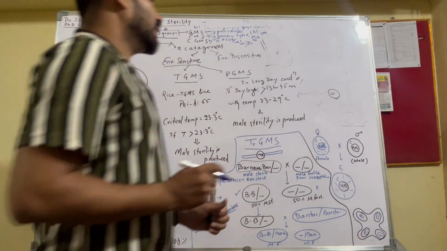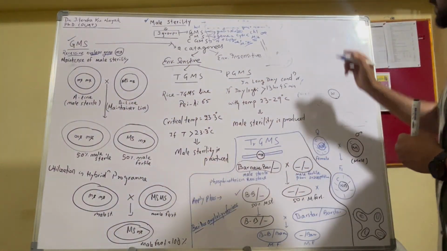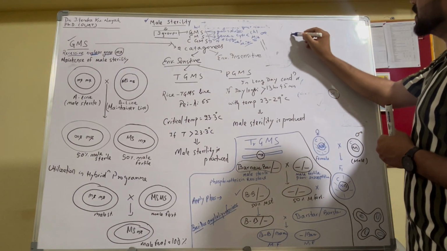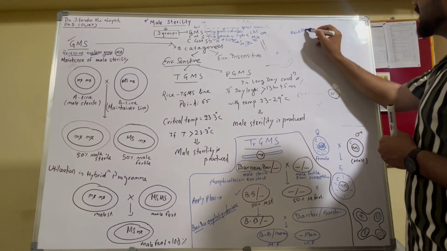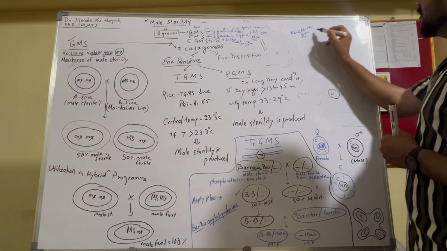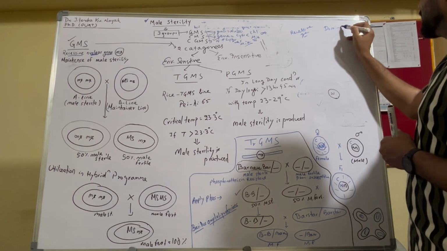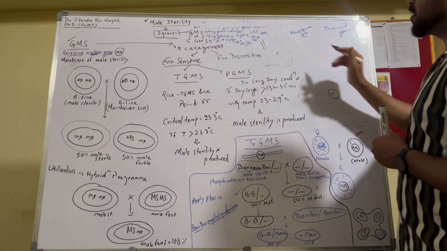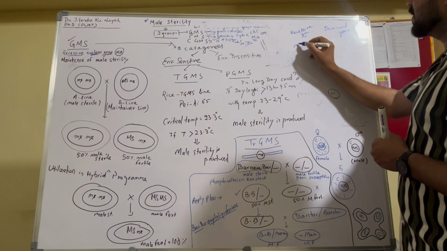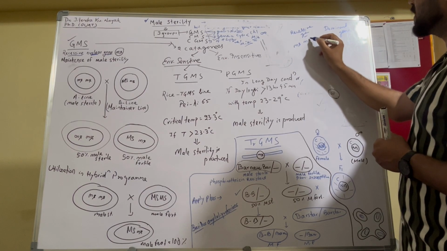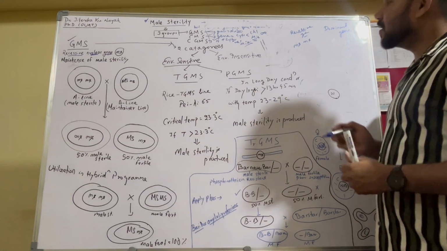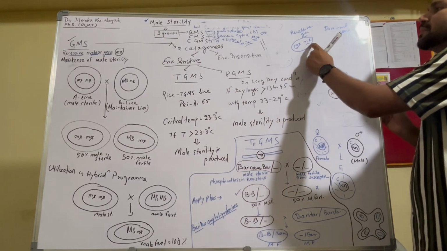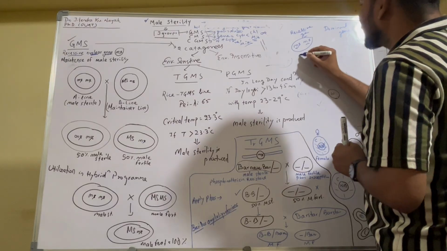And you know, whenever we talk about character expression, there are two types of genes: either the recessive gene or the dominant gene. Suppose I say male sterile, which is controlled by a recessive gene. Recessive gene means when both alleles are recessive, then it will show male sterility.